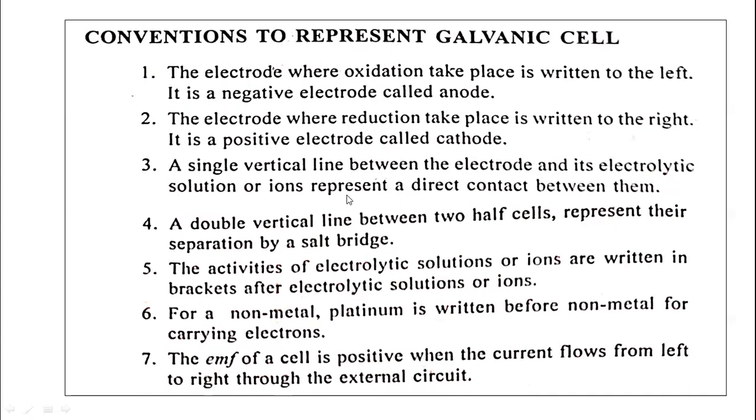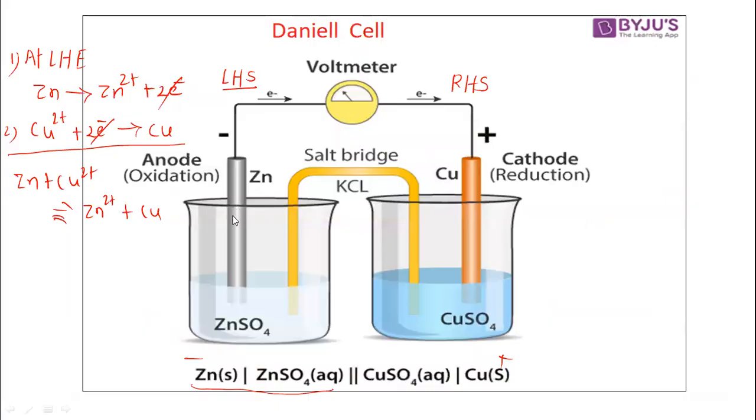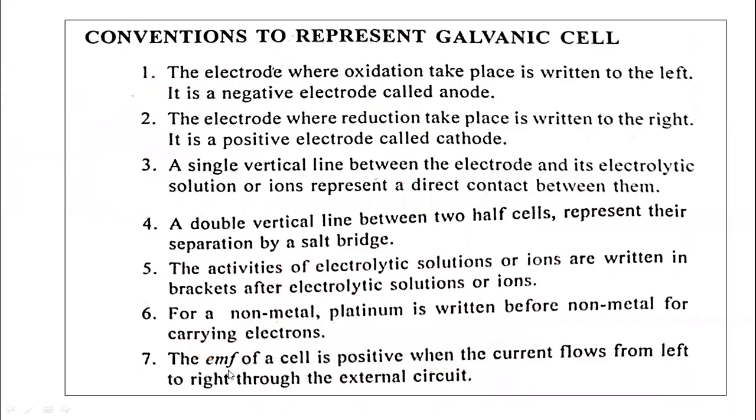The electrode where oxidation takes place is written on the left. It is the negative electrode, called the anode. This should be represented on the left hand side. So at the zinc electrode, the oxidation reaction takes place, and the zinc electrode is called the anode.